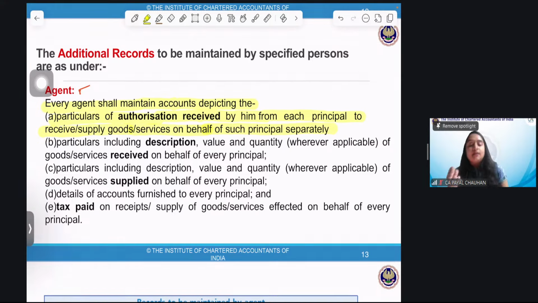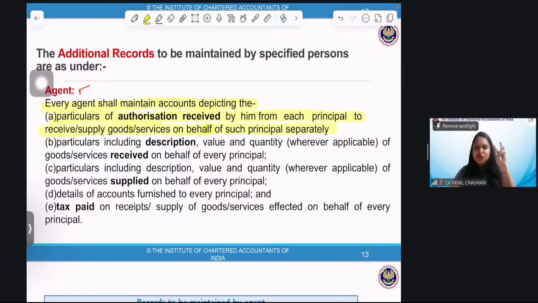Now, next thing. I'll take an example. Saipa and Nagaraja are my principals, and these people have given me authority to collect the goods on behalf of them. What do you feel? Do I need a separate authorization, or can I have a consolidated authorization?